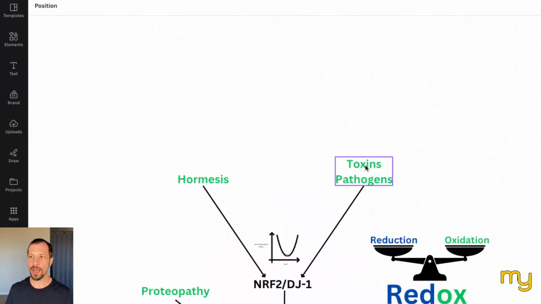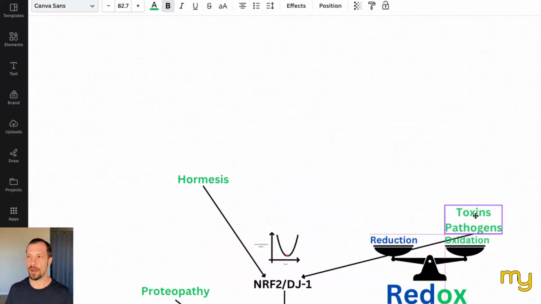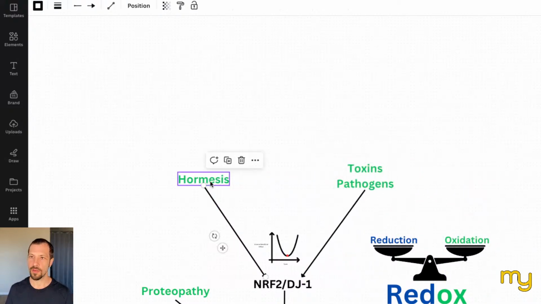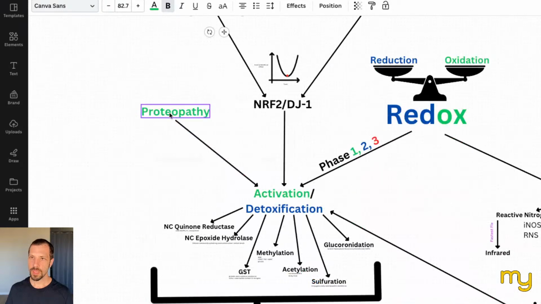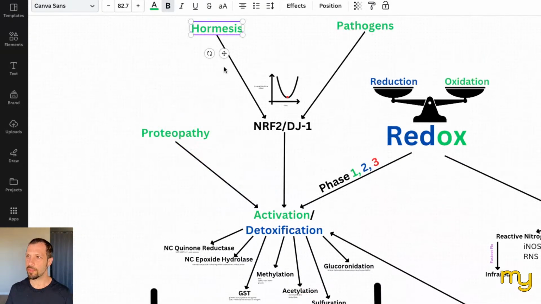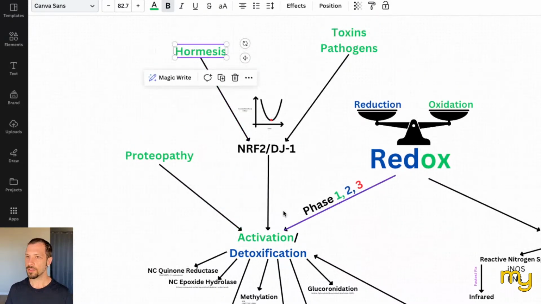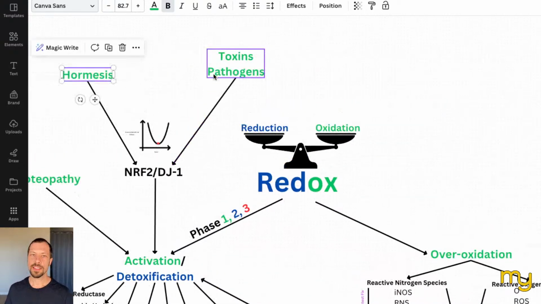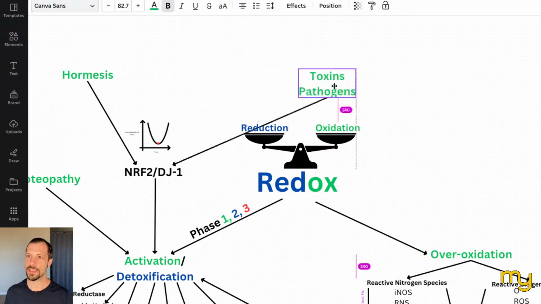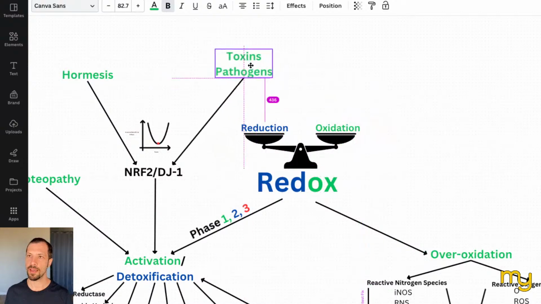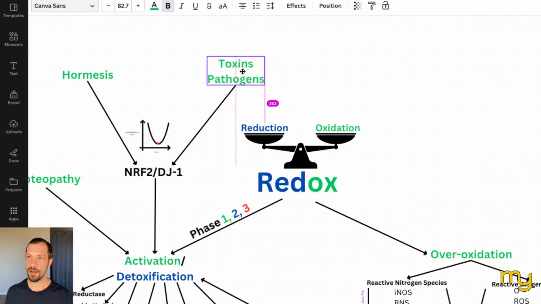But doing too much brings you to over-oxidation. Doing too much of anything can bring you into the oxidation. Now, proteopathy, that's just the term for misfolded proteins. That can also set off this cascade. Now let's get into the part with over-oxidation. So things that create too much oxidative stress, when this scale tips in an unfavorable way.